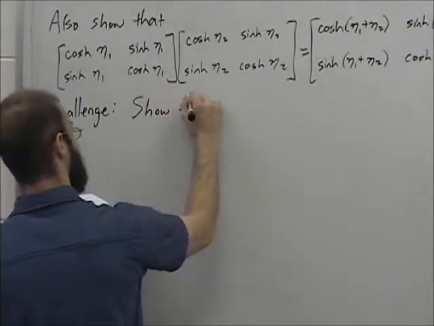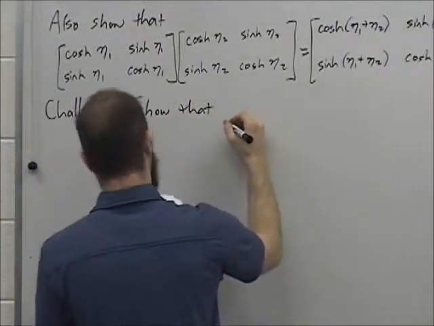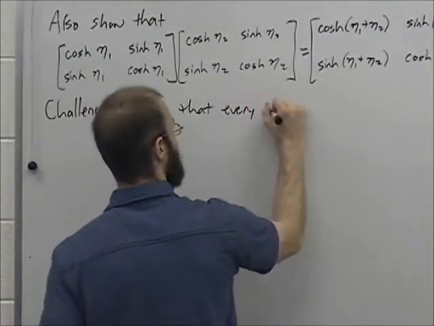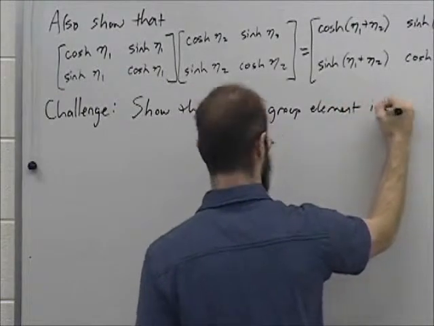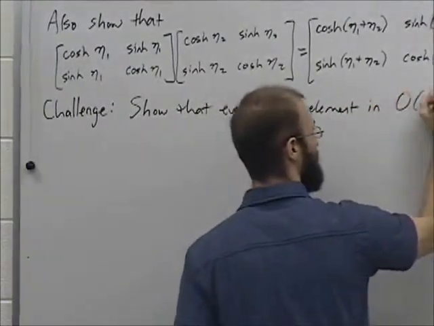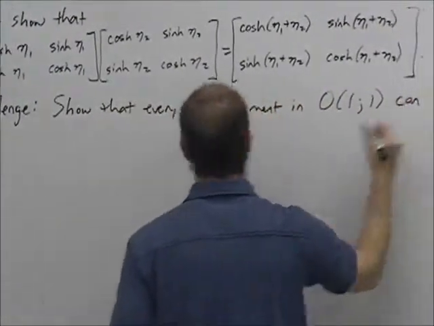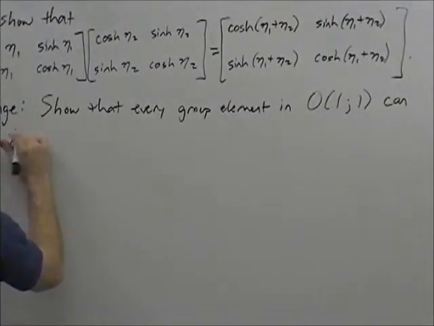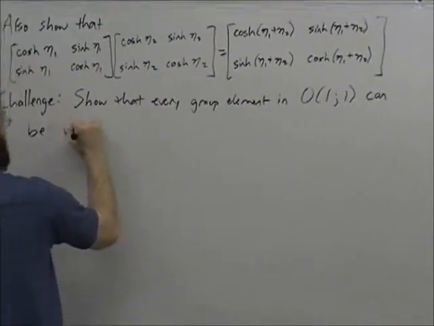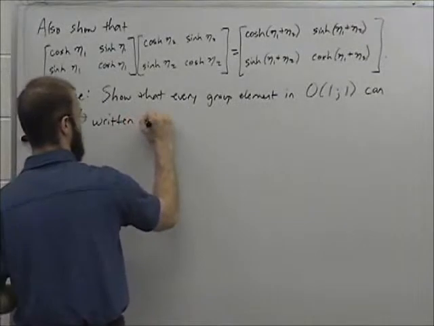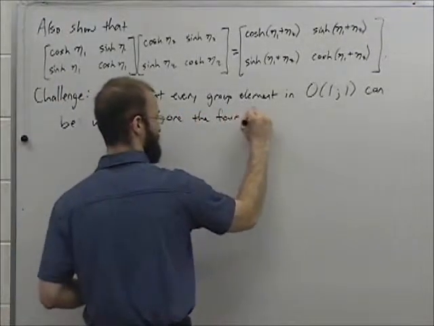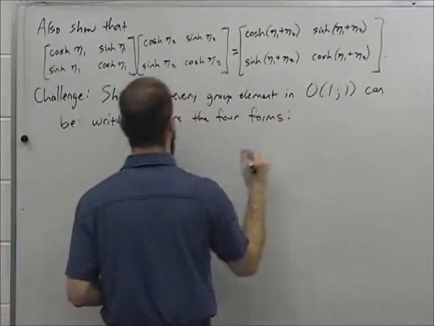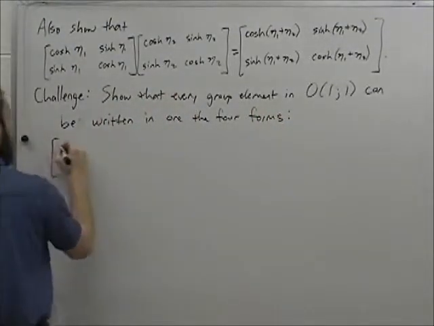Show that every group element in O(1,1) can be written in one of the four forms like this.